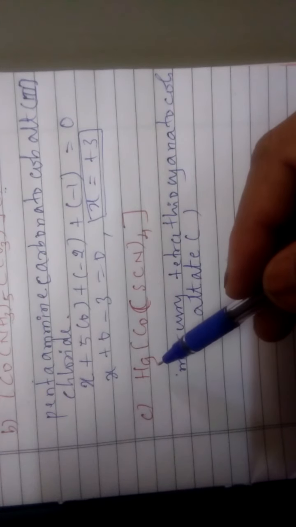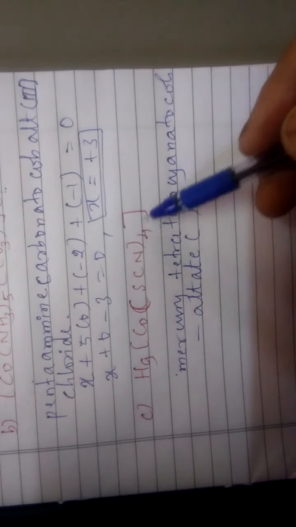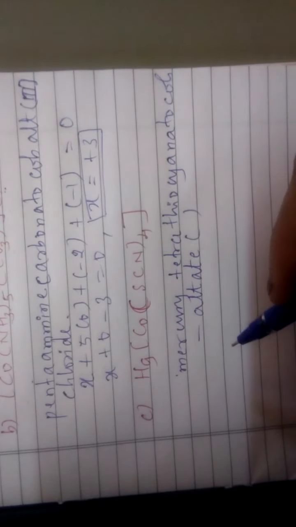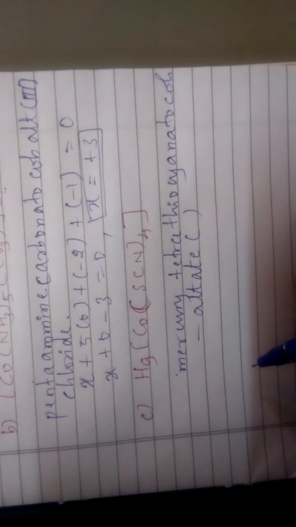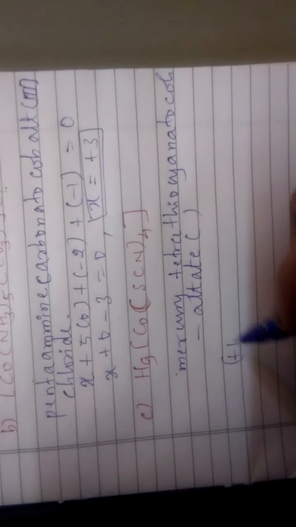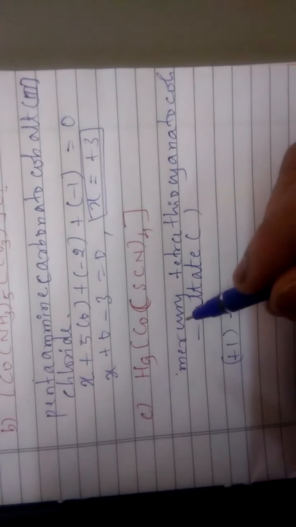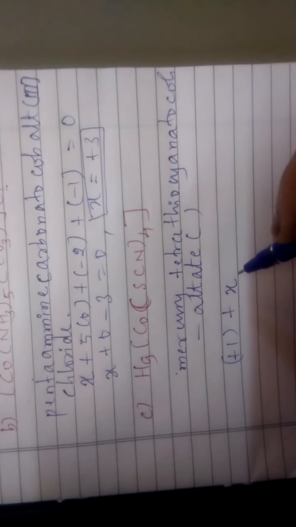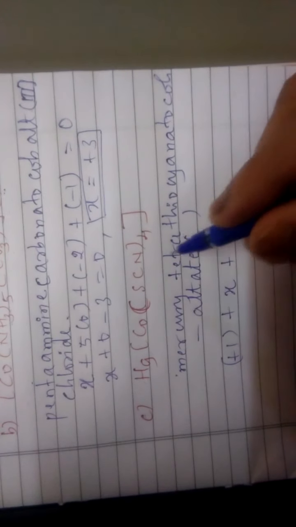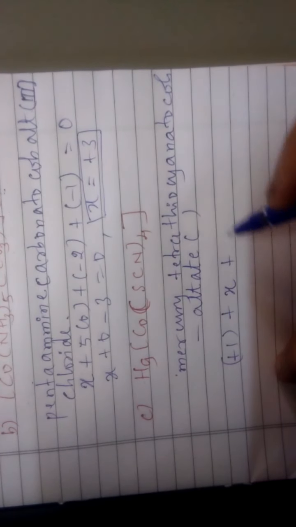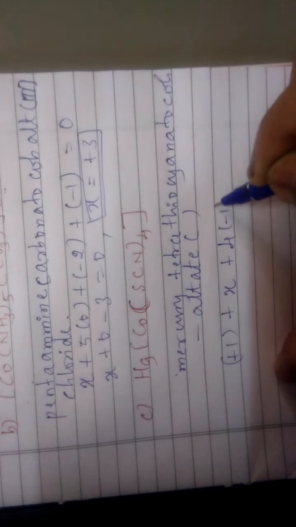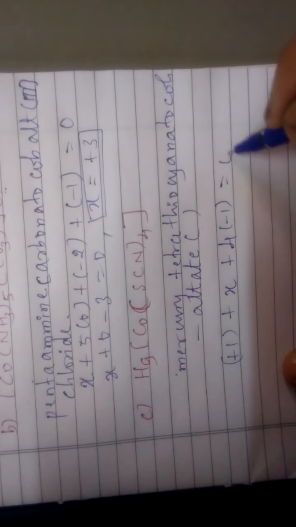Okay, look at this one, Hg[Co(SCN)4]. Okay, so here you know the oxidation state of mercury, that is +1, plus cobalt you need to calculate, plus thiocyanato, it is having -1 charge, so 4 into -1 equals 0.